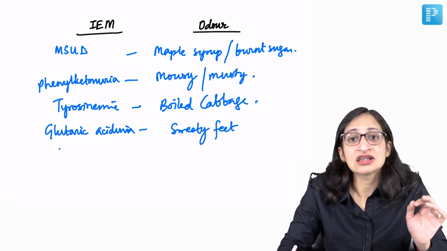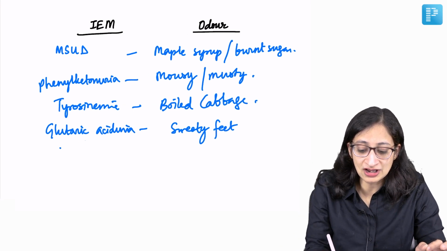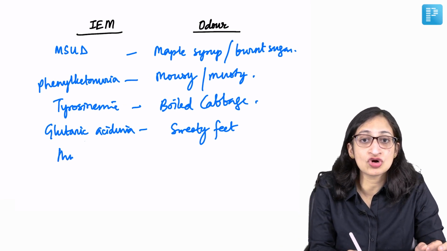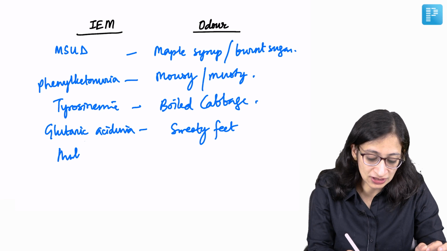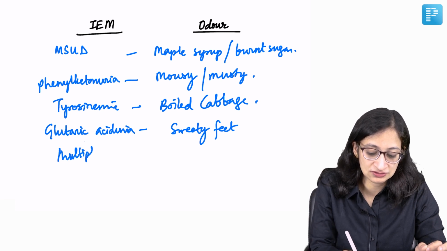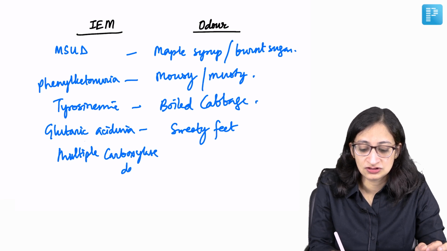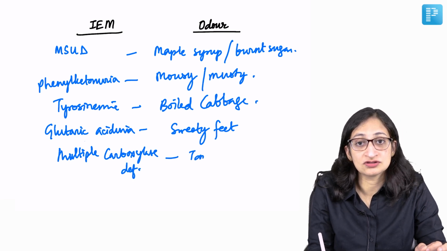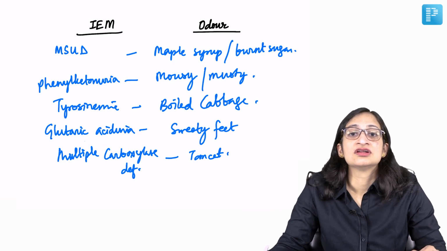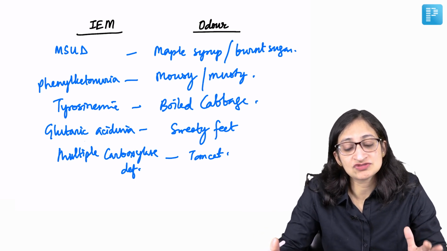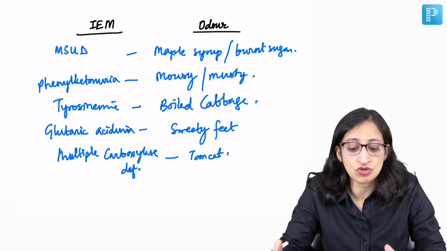There is another type of odor called tomcat urine odor that you get in multiple carboxylase deficiency. So these are some specific IEMs where you can get some peculiar body odor.